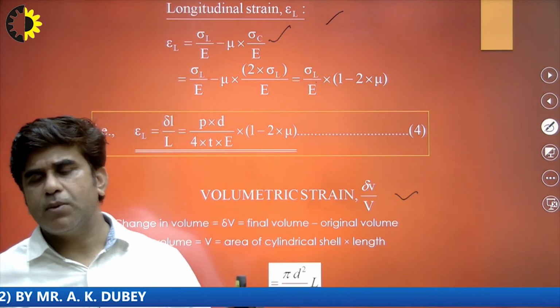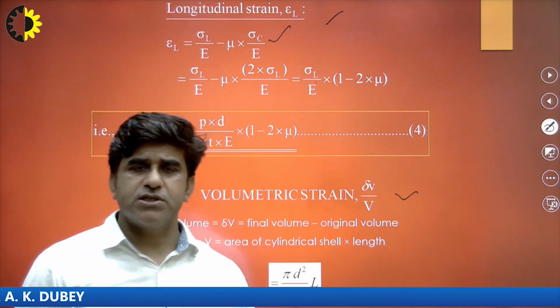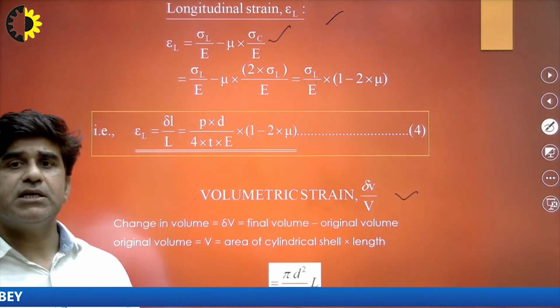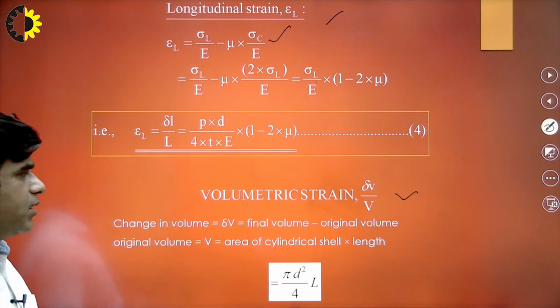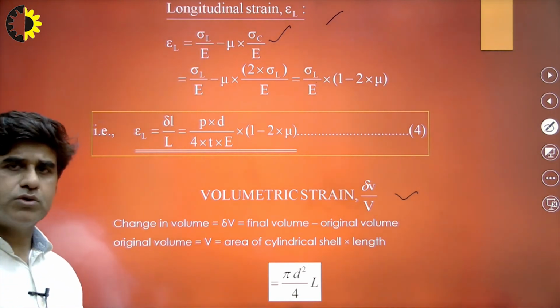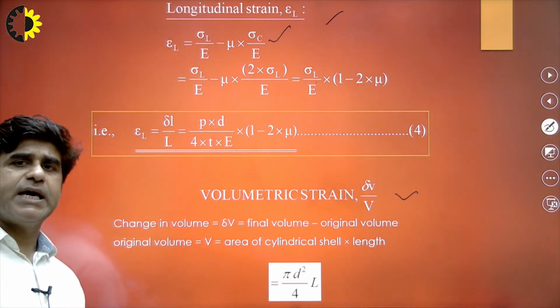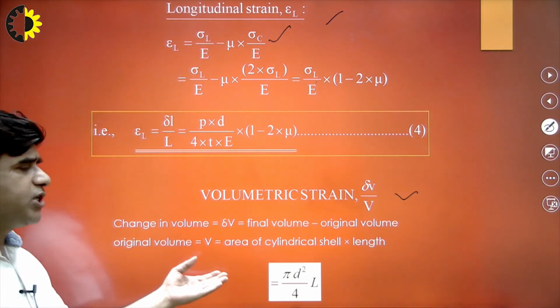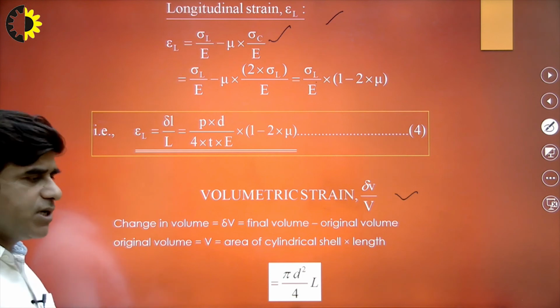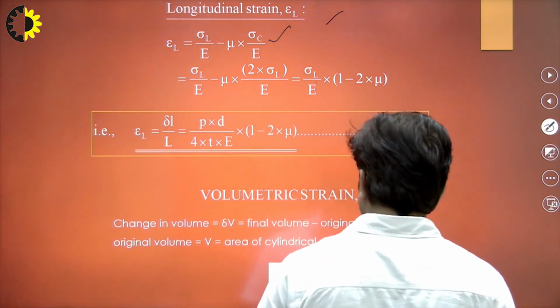Once we are known about the changes in dimensions, then we can find the final dimensions, and initial dimensions are known to us. Okay. On the basis of those initial dimensions and change in dimensions or final dimensions, I can find the change in volume. The change in volume is the final volume minus initial volume.